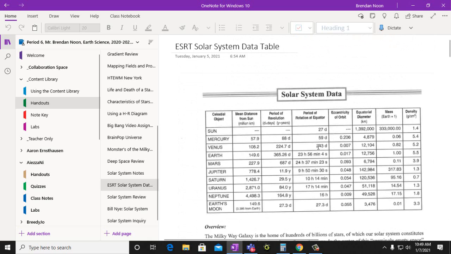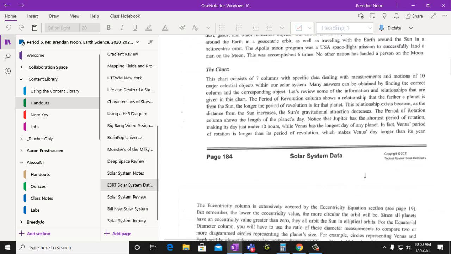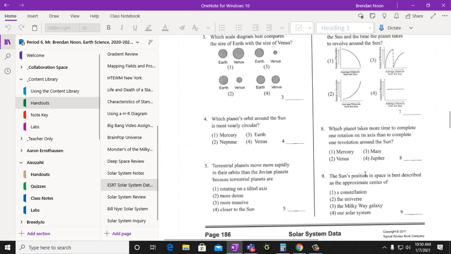So this one is 243 days for Venus, and it only takes 225 days to go around the sun. So this one, Venus, is the correct answer. It takes longer for a day to take place, or one rotation, than it does to get around the entire sun. So Venus was the correct answer for this one.